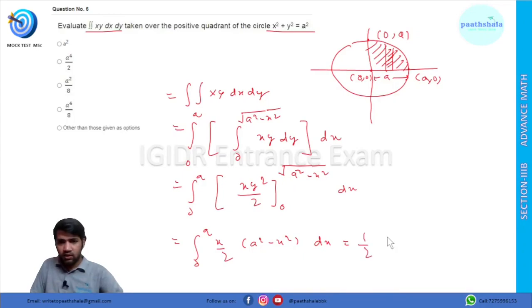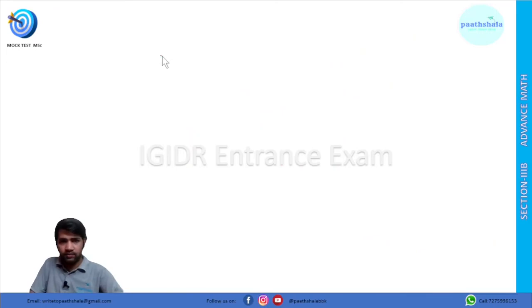Now take half out of integral 0 to a, this is a square x minus x cube dx. Okay, let's solve it further. So we will get half, this will become a square x square upon 2 minus x cube by 4.